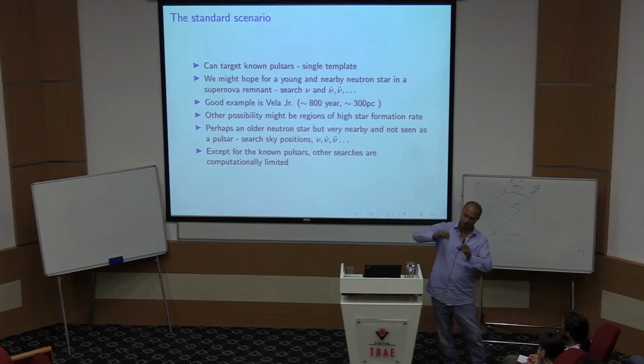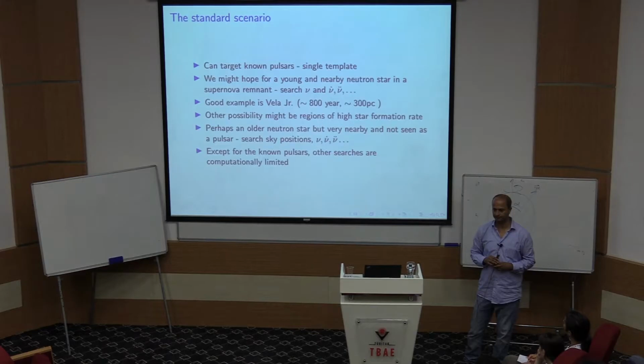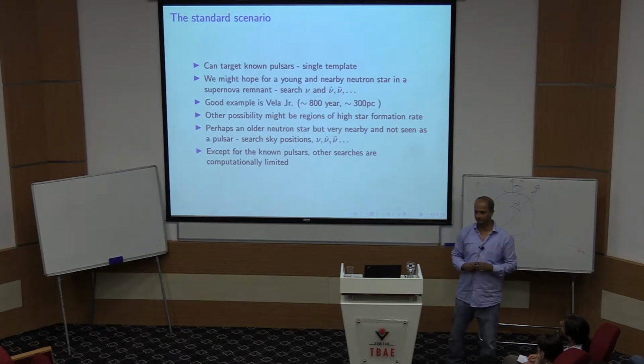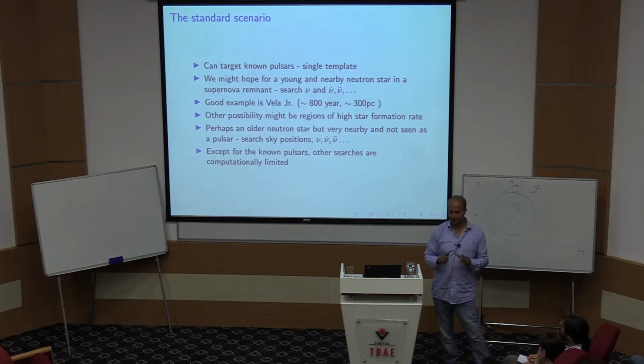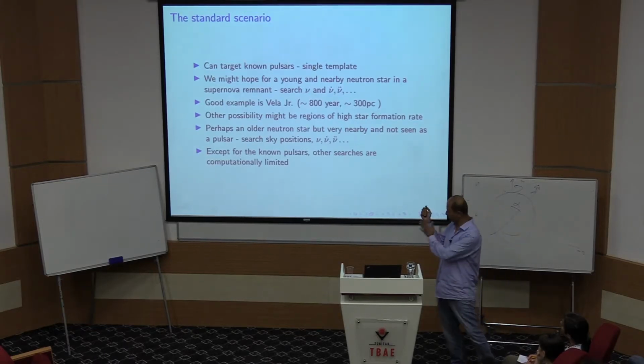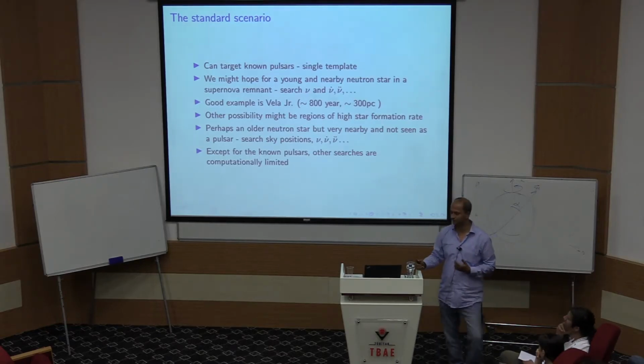You might allow some small variations, but still, you more or less know exactly the point in parameter space that you want to target. And these are very easy. You can do this on your laptop with some effort, but these are really easy. As I'll show in the results, so far we haven't found any signal from these kinds of searches.